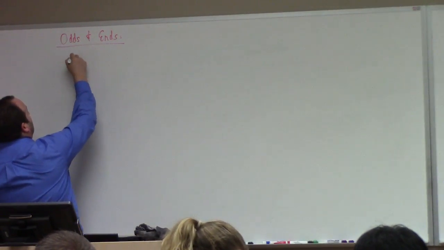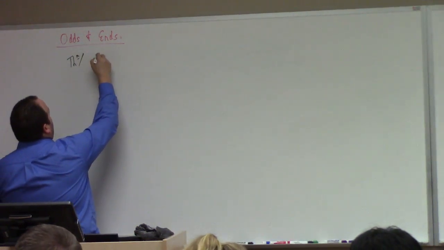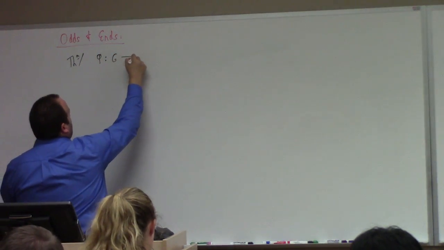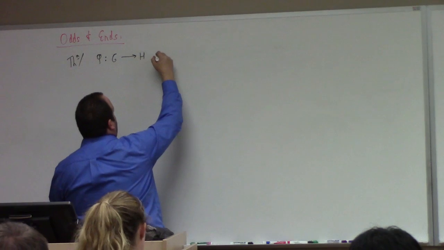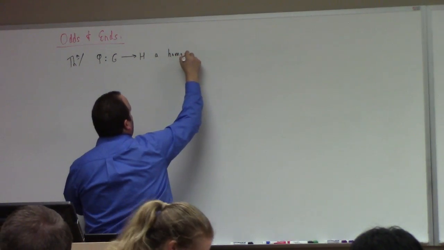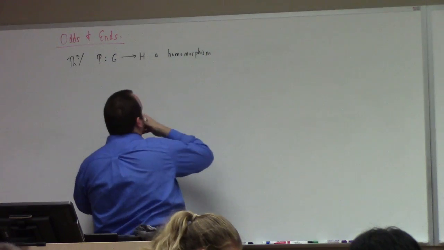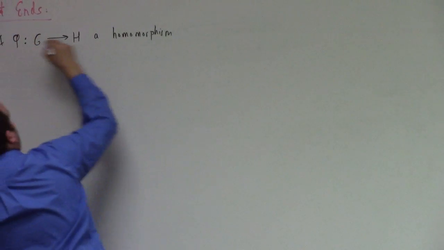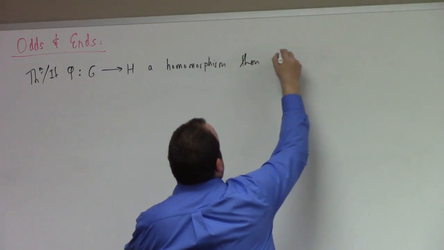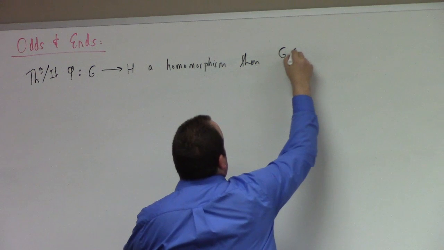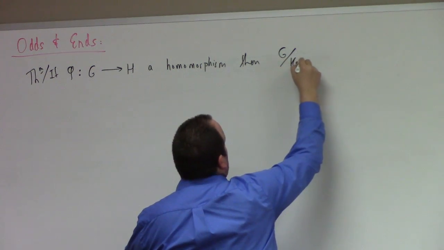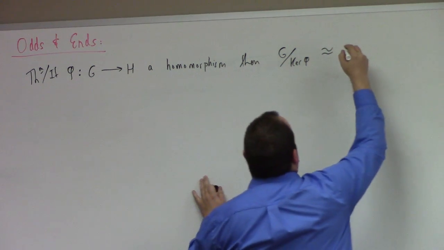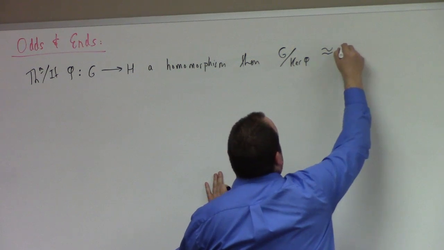What was it? We have a homomorphism, right, from a group G to a group H. Then we get that G mod the kernel of phi is isomorphic to what?